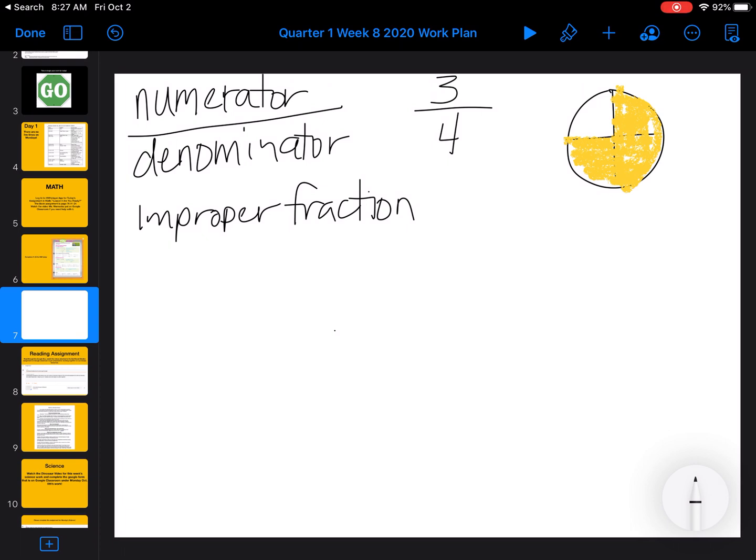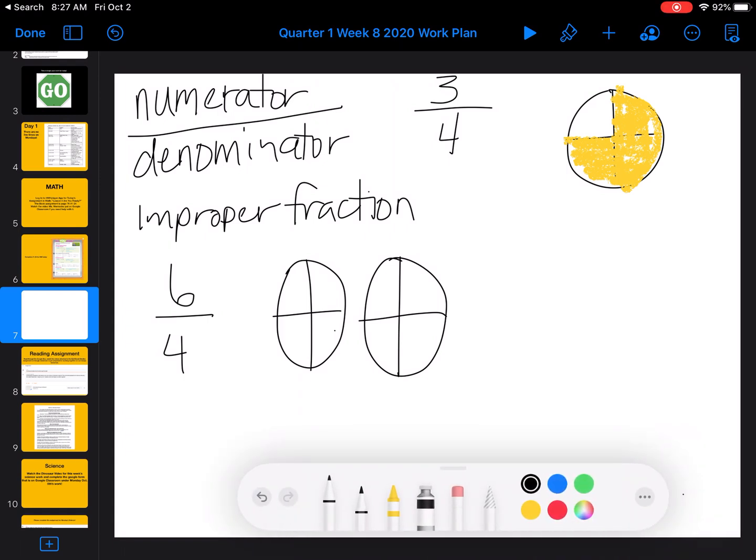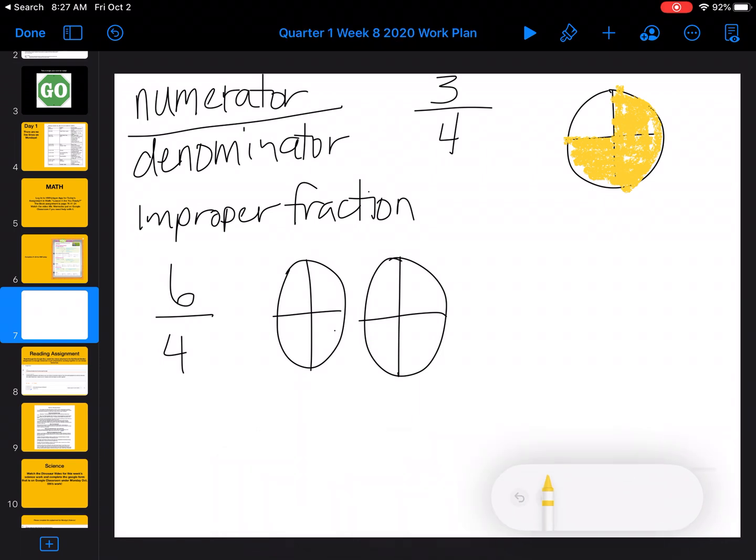For example, if I had 6/4, that means I have a whole here with 4 pieces. But if I need to find 2 more pieces, then I have to create another whole to see what I'm shading in. If I'm shading in 6 pieces, there's 1, 2, 3, 4, 5, 6.